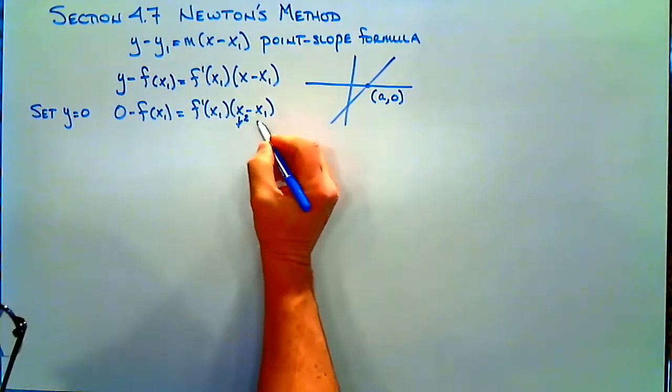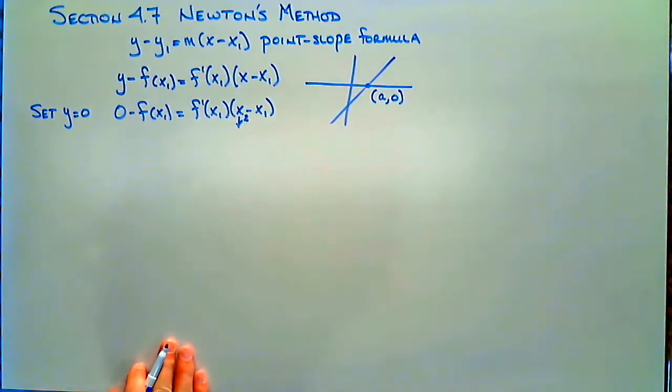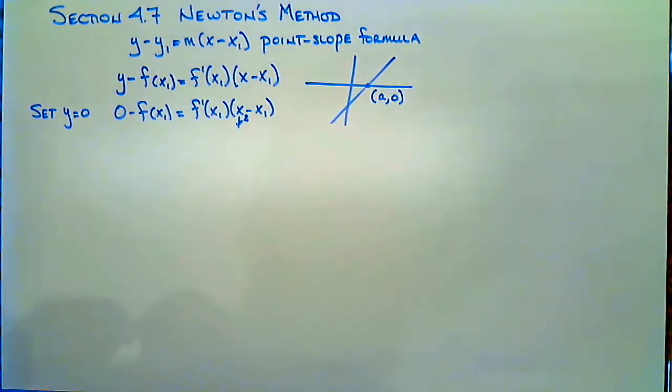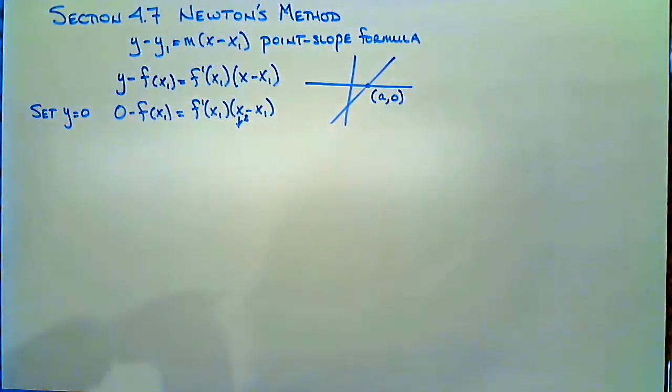So I'm going to go ahead and make it x sub 2. And I'm going to draw a picture right now. It gives us some kind of justification of where this is going to go. Without the picture, this just becomes a bunch of symbolic manipulation, and I'm not a big fan of symbolic manipulation without some degree of understanding.